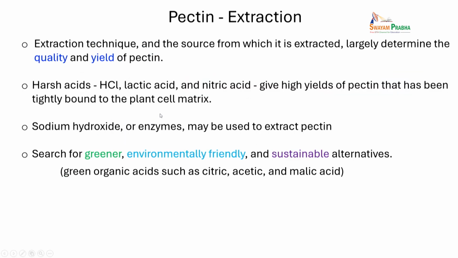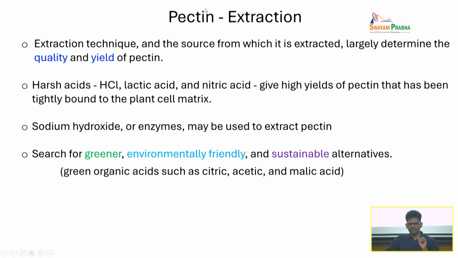Alright, so now having understood that it is a very complex block polymer, majorly containing linear homogalacturonan, and then about 20 to 35% rhamnogalacturonan, maybe in addition xylogalacturonan and so on, you have different degrees of methylation, and hence the properties can be changed.